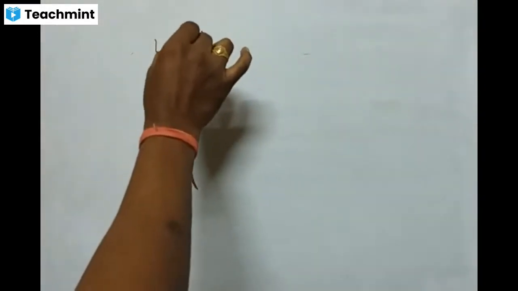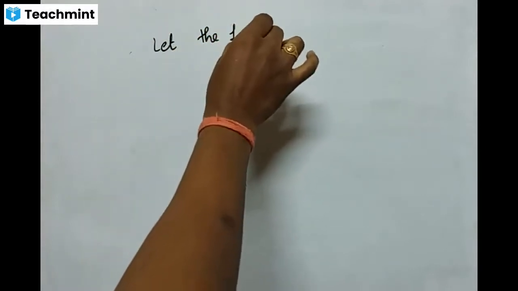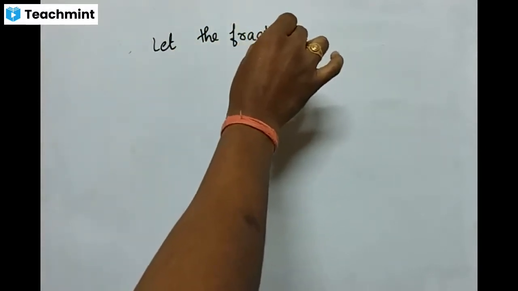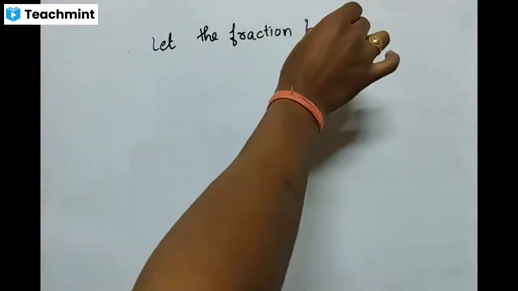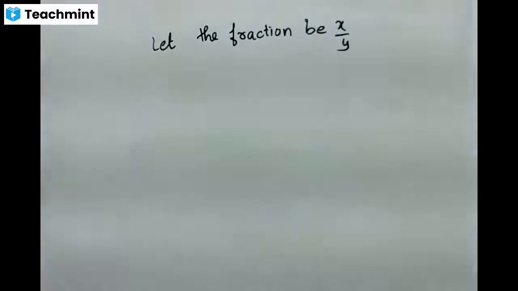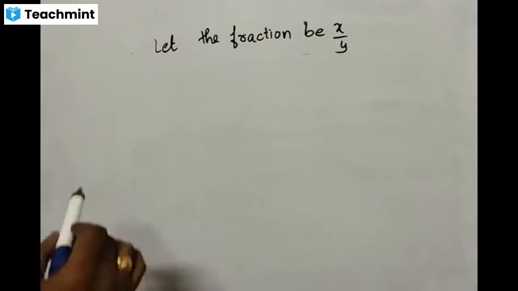So first, let the fraction be some x by y. Okay, this is the fraction. Let the fraction be some x by y. Fraction becomes 4 by 5 if 1 is added to both numerator and denominator.